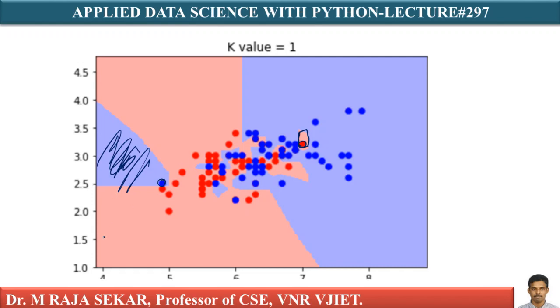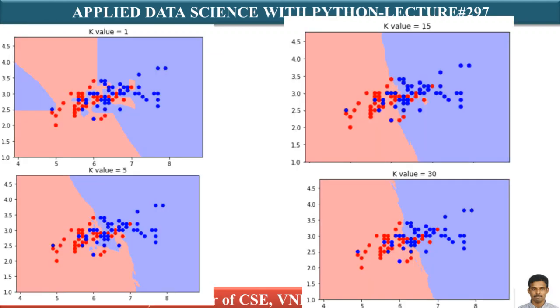For k equal to 5, this is the case for k equal to 1. What about k equal to 5? Just understand this decision surface. Just see here what happens for k equal to 1. Because of just one blue point, this whole region is marked as blue.